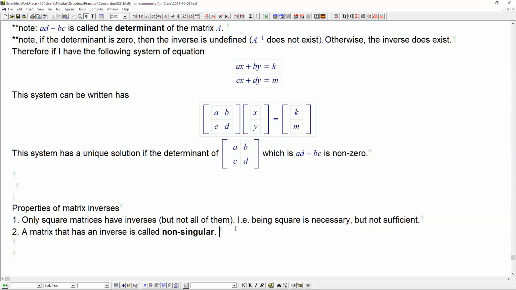And you can guess a matrix that does not have an inverse is called singular.